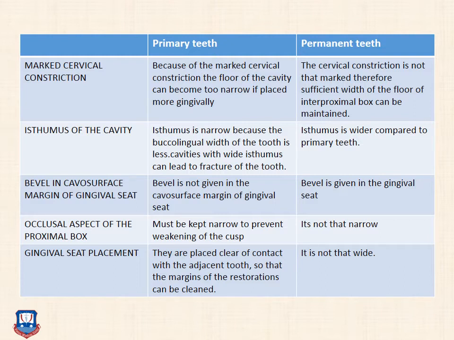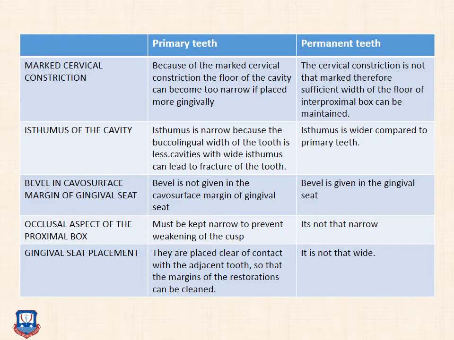Moving on to the isthmus of the cavity, the isthmus is narrow because the buccolingual width of the tooth is less, and cavities with a wide isthmus can lead to fracture of the tooth. So in primary teeth, the isthmus is narrow, that is, the buccolingual width of the cavity preparation is narrow, while in permanent teeth the isthmus is wider.